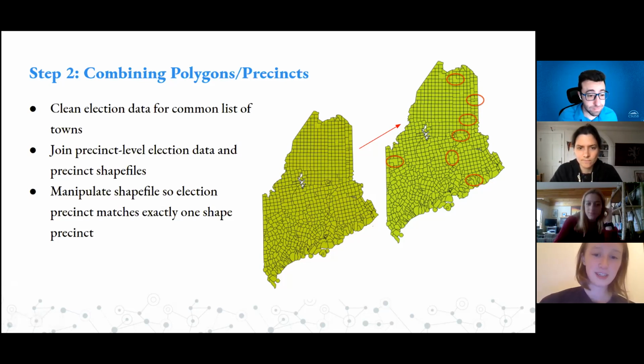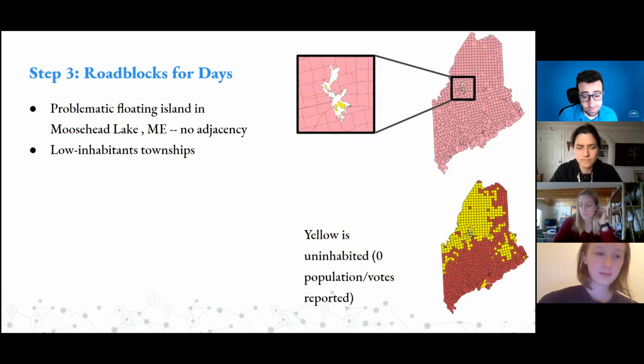Next slide. And we also ran into other shenanigans, such as this small island that was floating in a lake in the middle of Maine. So when we finally were trying to use software to combine election, demographic, and shape data, we kept getting this very mysterious error.